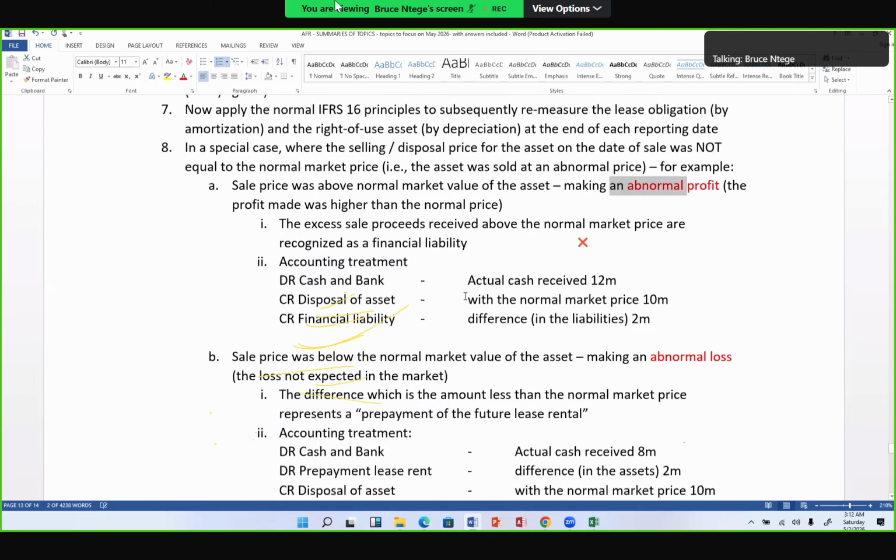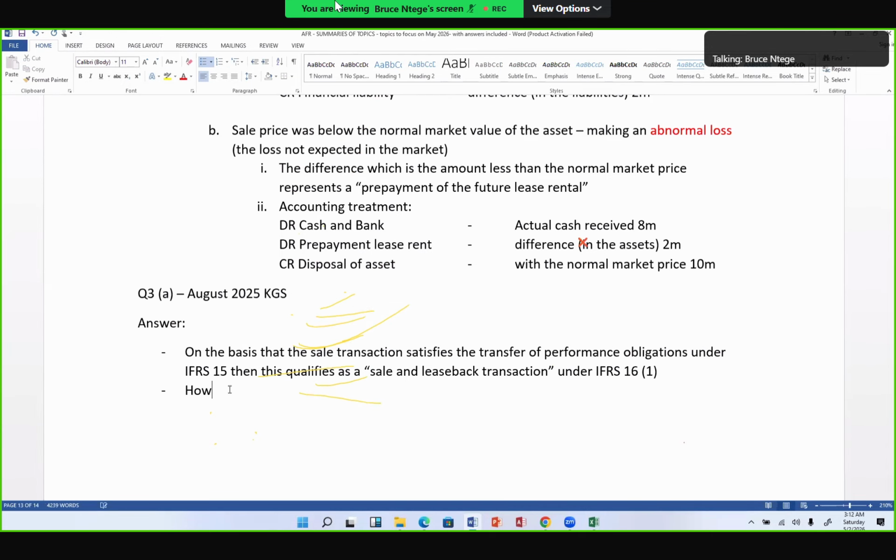So you want to add that second tick to say that, however, the sale proceeds of 1,000 million francs being above the normal market price of 900 million francs for the assets.